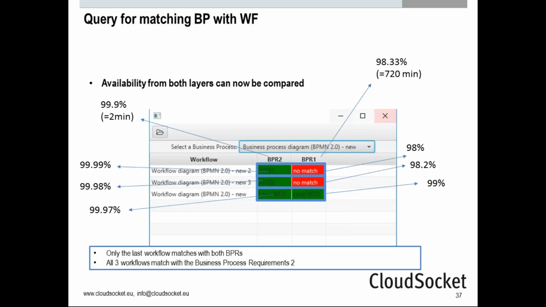If you look at the workflow descriptions, they have availability for BPR2 of 99.9%, 99.98% and 99.97%, which is always equal to or higher than the 99.9% that we have as the requirement. While for business process requirement 1, this is not satisfied because the first 2 workflows have availability which is lower than 99.9%. So we only have one workflow that can satisfy these requirements.